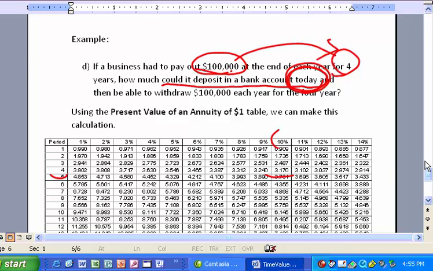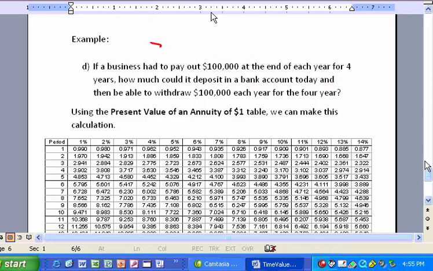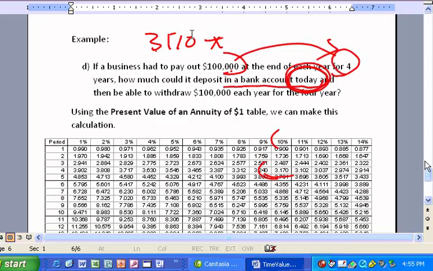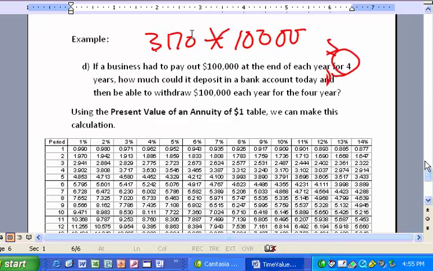We see 3.170. So 3.170 times the $100,000, then the answer is that we would have to put $31,700 into a bank account.